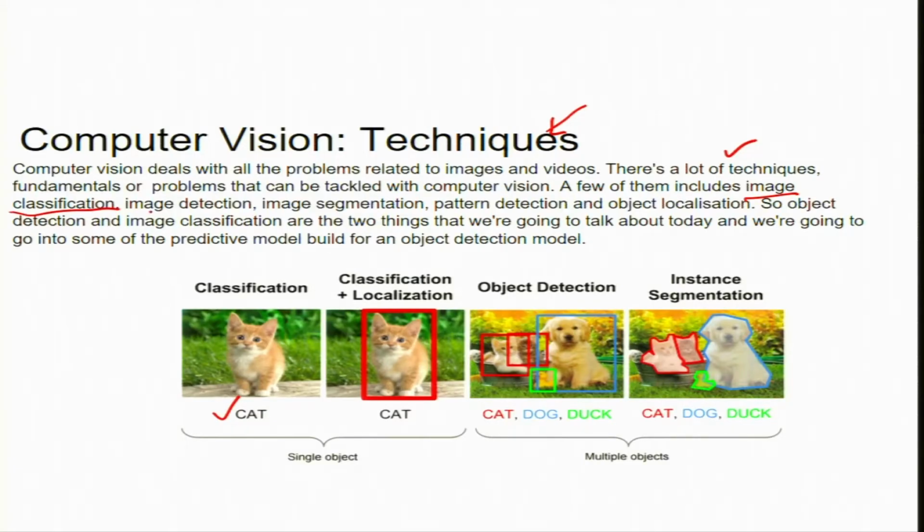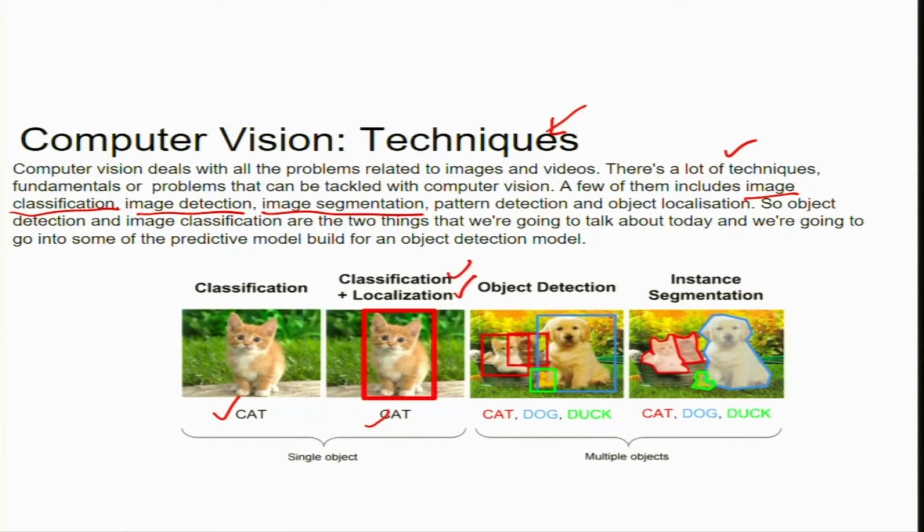Then the next issue is called image detection, which means finding where in a particular image that object is located. This is also sometimes called localization. So classification says there is a cat in that image, but where in that image the cat is located is called localization.